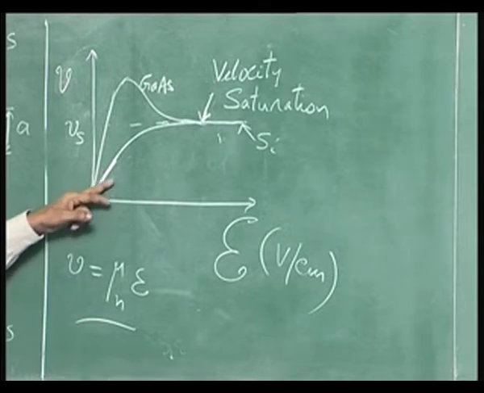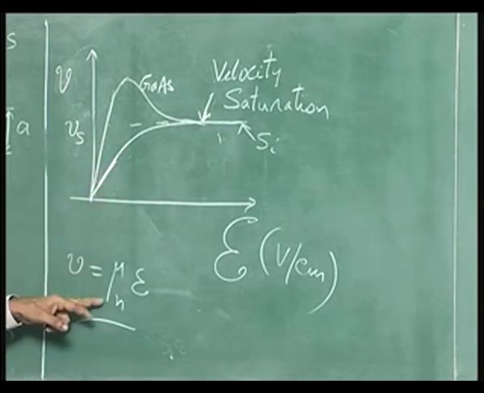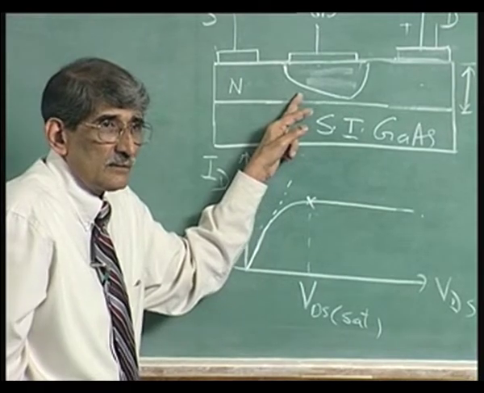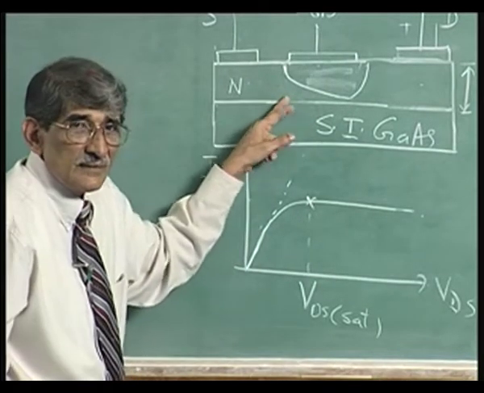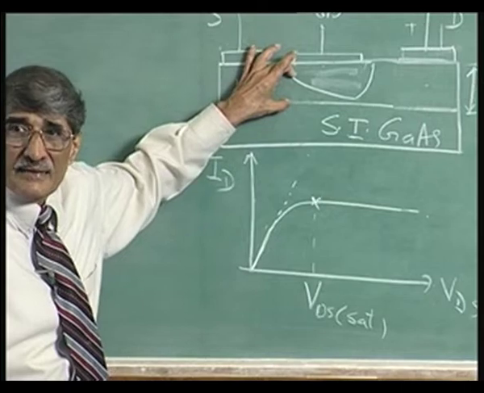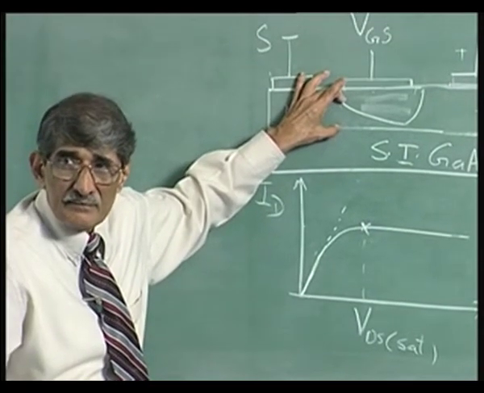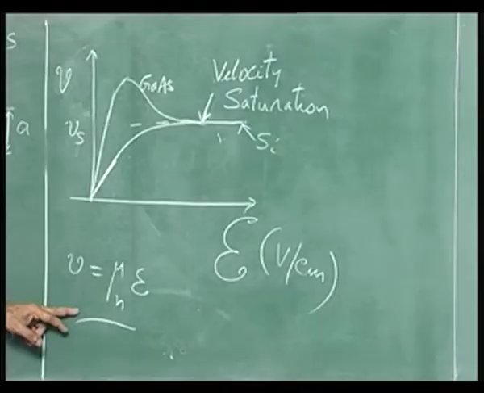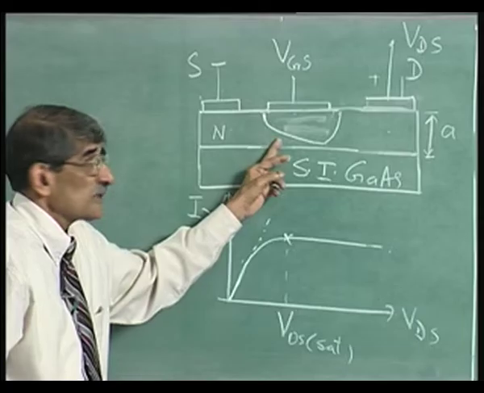As the field goes on increasing, that proportionality does not hold good. What is the status here? At this point, the channel height is large. You will satisfy this condition in most of the portions.